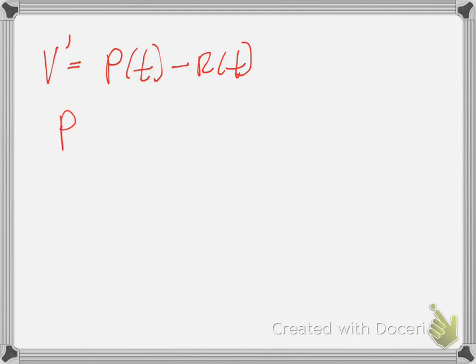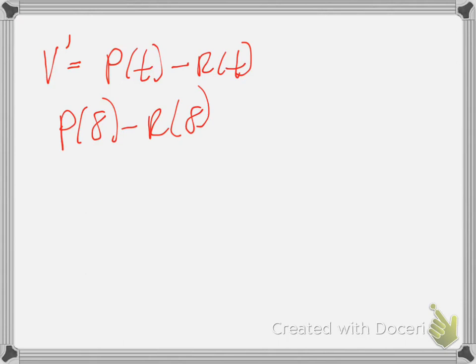So we can say that the rate at which the volume changes, so that's dV over dt or V prime, whichever way you like better, would have to equal P of t, which is the water going in, minus R of t, which is the water going out. Those are already the rates. So we need that at t equals 8. So we're looking for P of 8 minus R of 8.